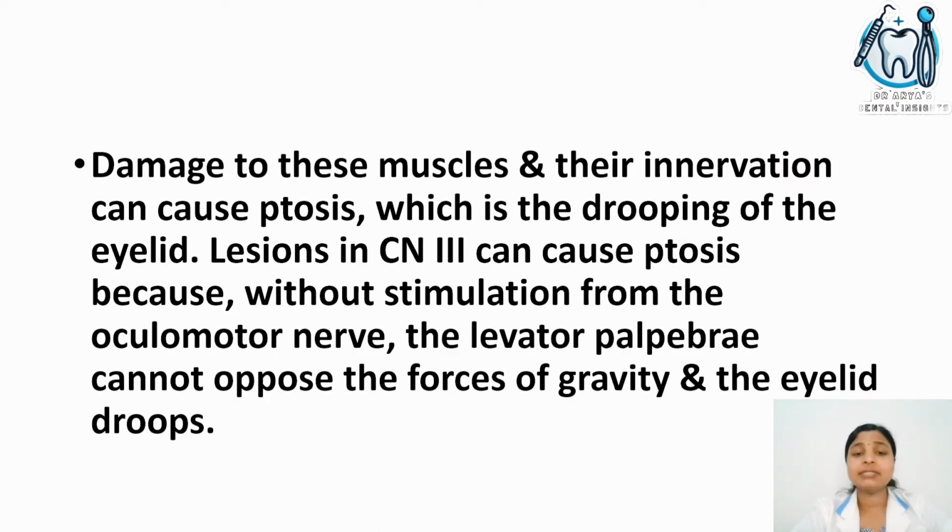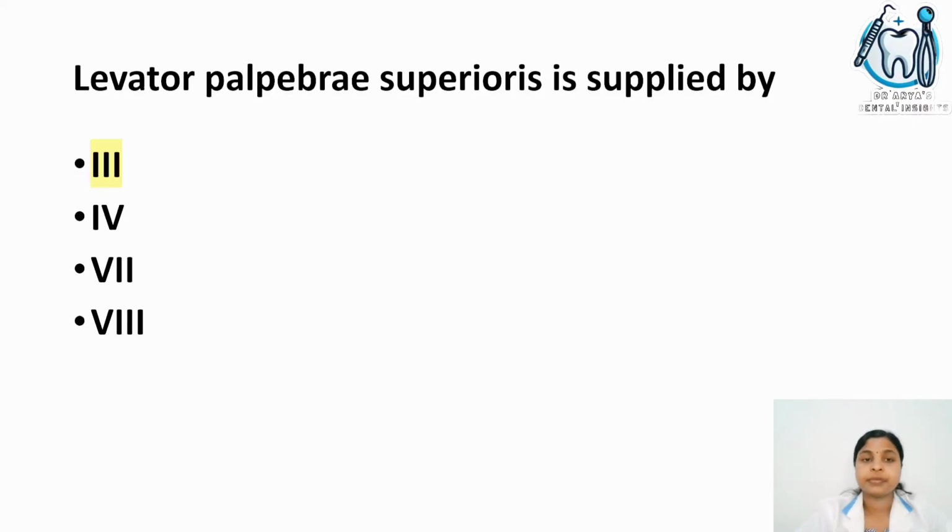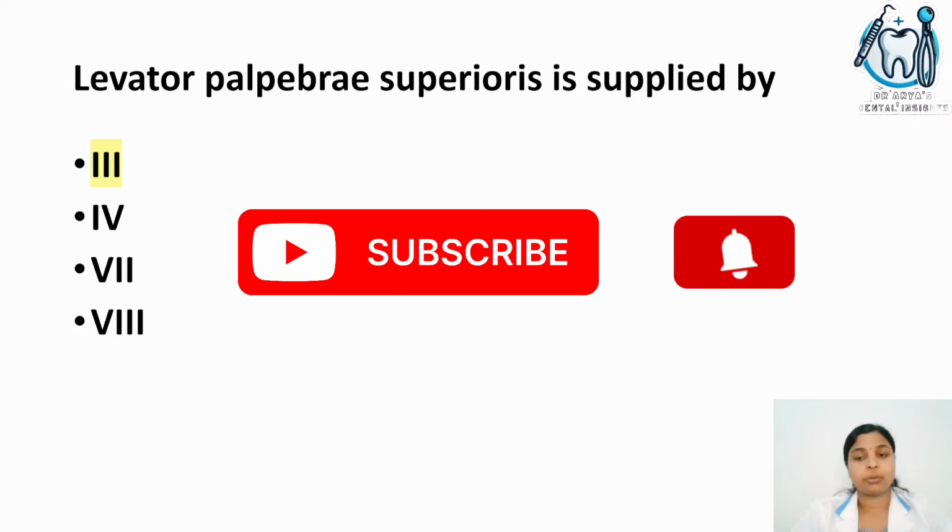And lesions in the 3rd cranial nerve, the oculomotor, can cause ptosis because without stimulation from the oculomotor nerve, the levator palpebrae cannot oppose the forces of gravity and the eyelid droops. So it is very important: damage to these muscles and their innervation causes ptosis. So the answer is levator palpebrae superioris is supplied by the 3rd cranial nerve, the oculomotor.